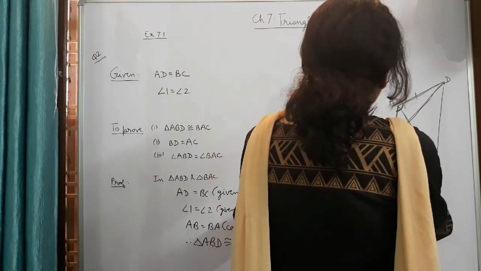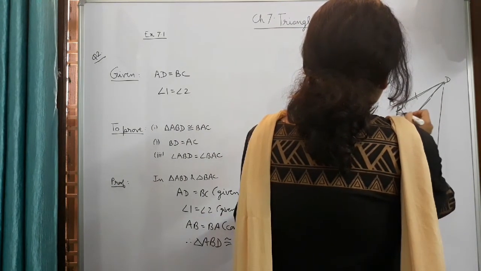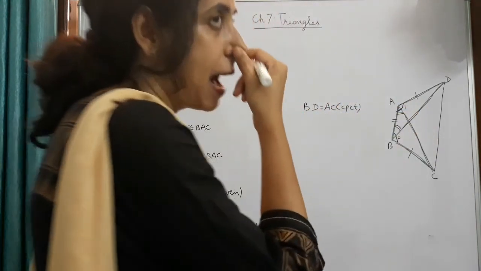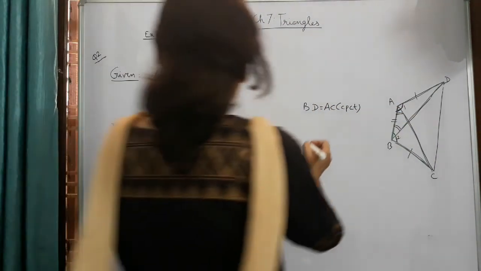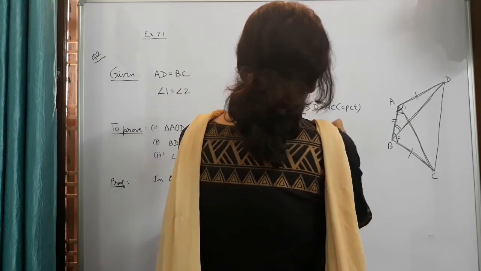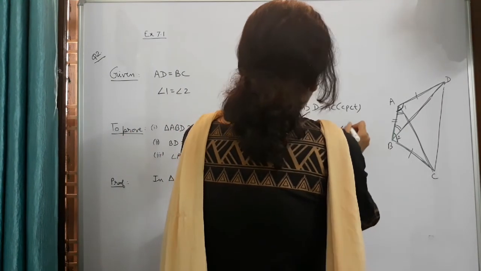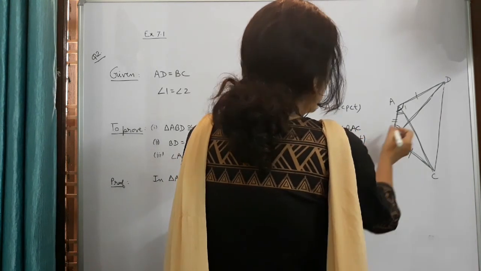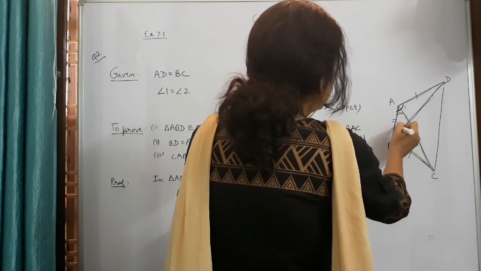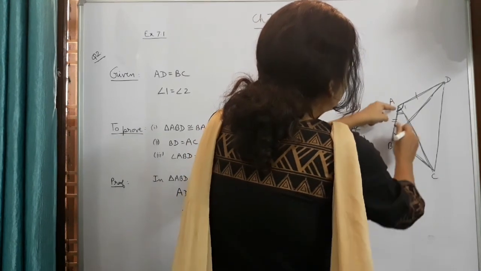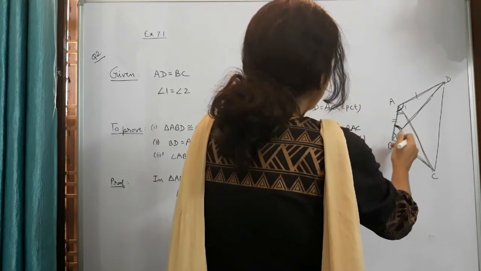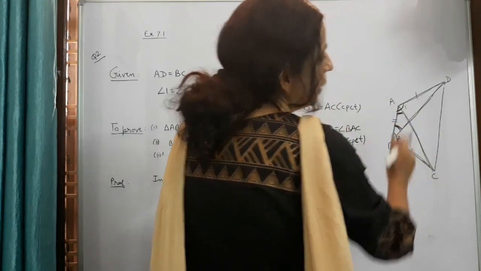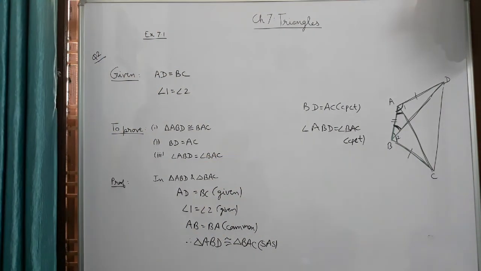This is angle BAC. So definitely these angles are also equal by CPCT. So we obtain that angle ABD is equal to angle BAC by CPCT, because angle ABD is the angle of triangle ABD and angle BAC, it is the angle of triangle BAC. So they are equal by CPCT.